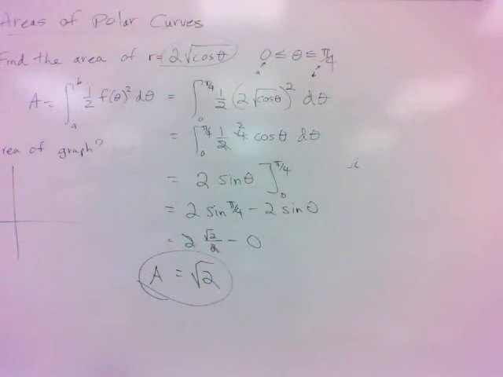Okay, so I am talking about 2 square root of cosine of theta. It's looking a lot like a circle, isn't it?